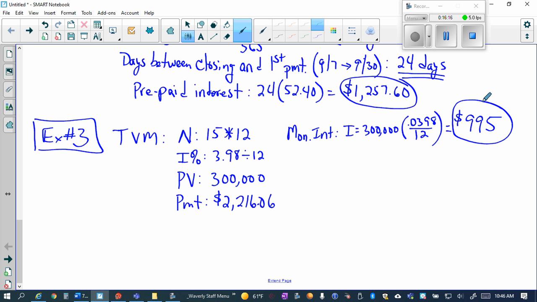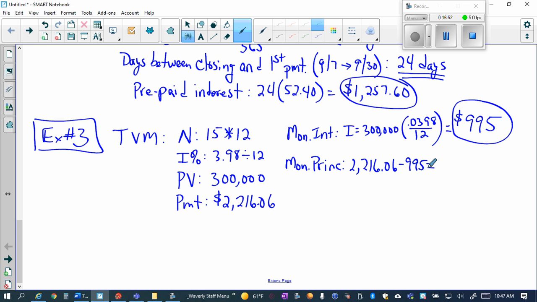Okay? Well, how do we figure out what portion of that is the principal? Well, if that's the interest portion, we just subtract, right? So the monthly principal, right, for just this payment, okay? So that'll be our payment, 2216.06, minus the interest portion here.